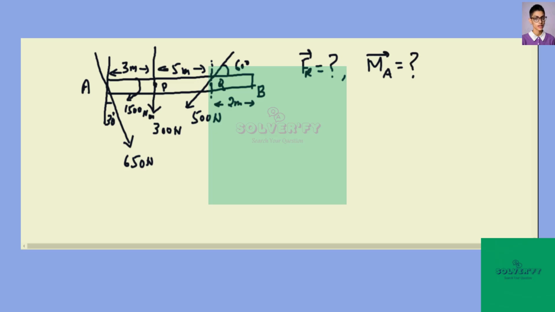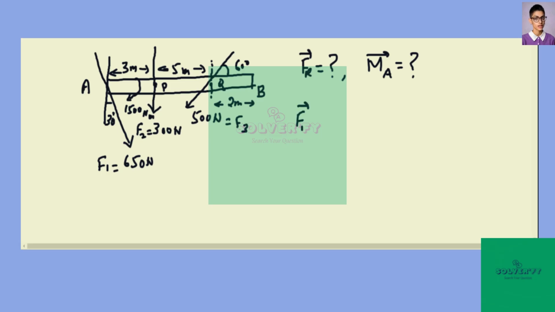First, do the naming. Suppose this is F1 force, this is F2 force, and this is F3 force. We will resolve F1, F2 and F3 into their components, along the x-axis and y-axis.